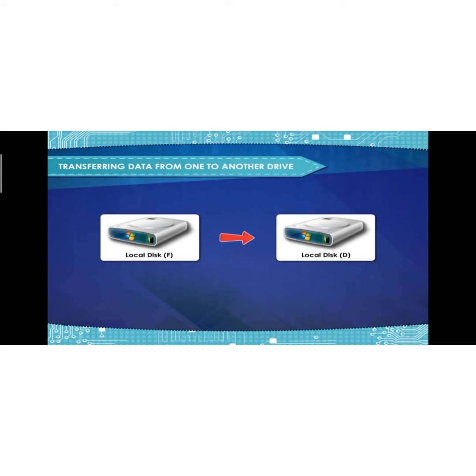Transferring data from one drive to another. Sometimes you need to copy a file or folder from one place to another on the computer. Remember that you cannot keep a duplicate file or folder with the same name in a folder.